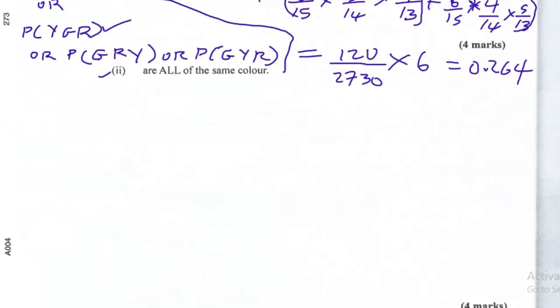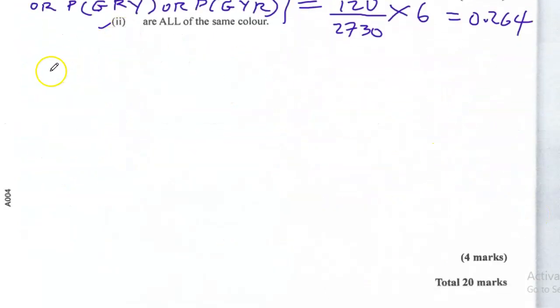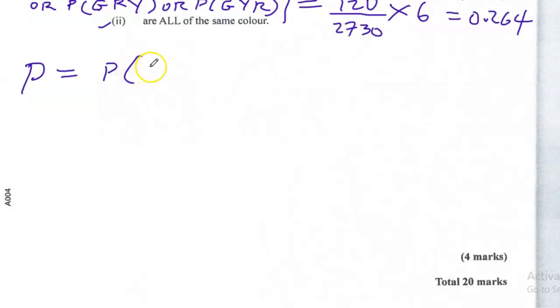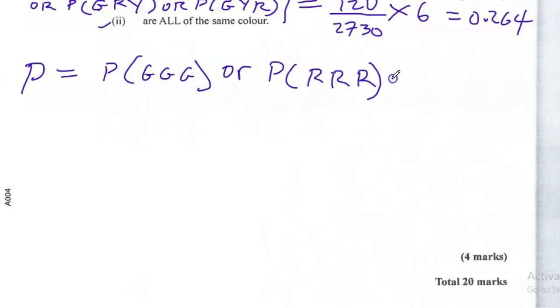Next, the probability that they are all the same color. For them to be all the same color, you'd have the probability that you get green, green, green, or the probability that you get red, red, red, or the probability that you get yellow, yellow, yellow.